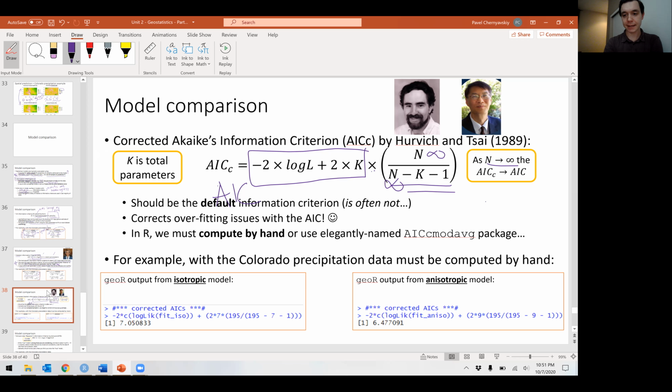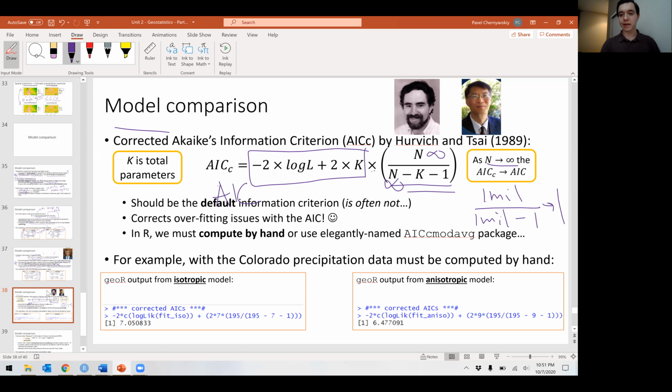If I have something like 1 million over 1 million minus 1, this approaches 1. So as n approaches infinity, our correction term goes to 1, and our corrected AIC approaches the original AIC.